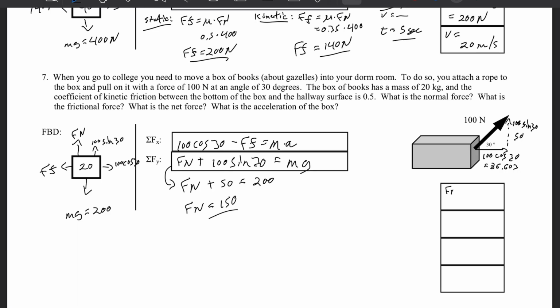Now that I have normal force, I can certainly get the force of friction, because force of friction is coefficient times normal force. They gave us a coefficient, did they not? Looks like it's 0.5. So 0.5 times 150 will be how we calculate the force of friction. 75 newtons.